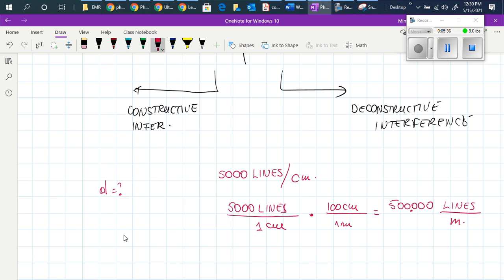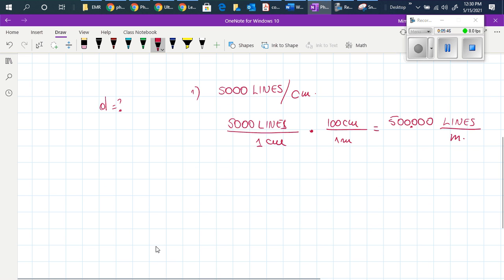If the question is giving you the lines per meter, then you will skip this first step and go straight to step 2.